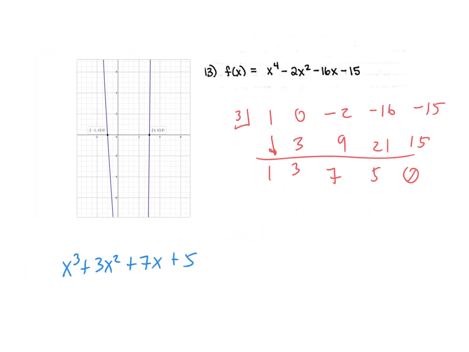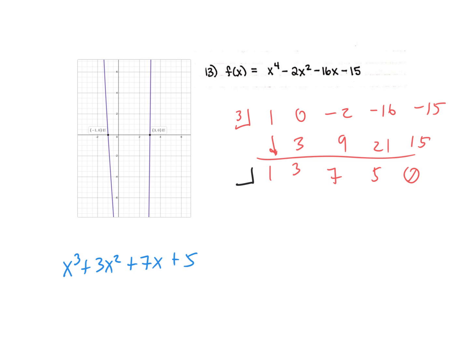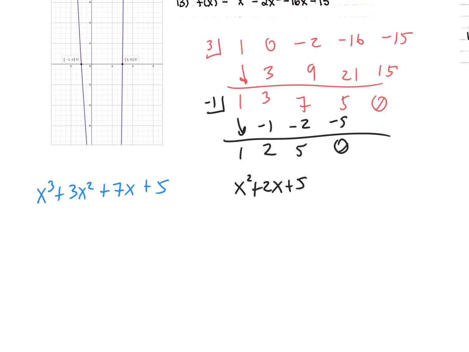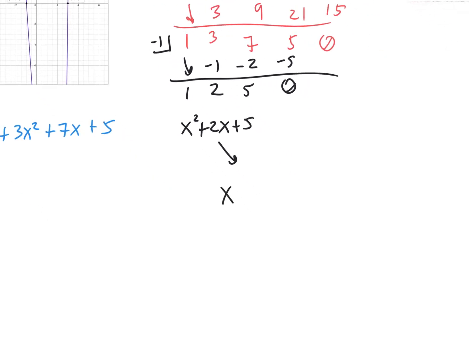What we can do now is we're going to hit this next row with the other 0, which happens to be -1. So we'll drop that down. So that's a -1, that's a 2, that's a -2, that's a 5, that's a -5, that's a 0. And then we have this scenario, which is x squared plus 2x plus 5. That is not factorable, but that is something you can use the quadratic equation for.